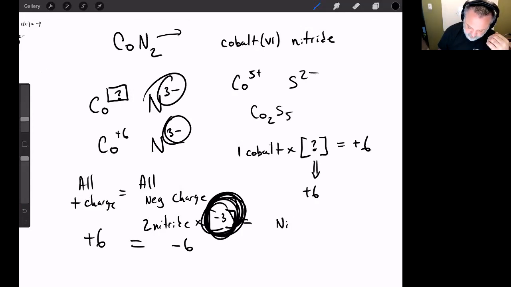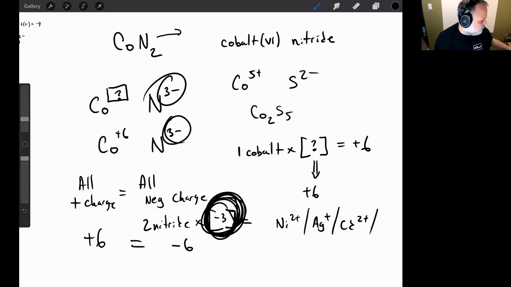Remember, the exceptions are nickel 2 plus, silver 1 plus, cadmium 2 plus, and, I can't ever remember without looking at them, zinc 2 plus. These are the only exceptions.